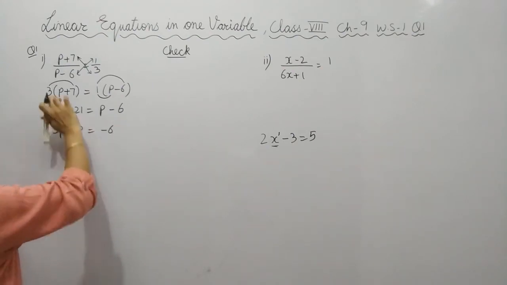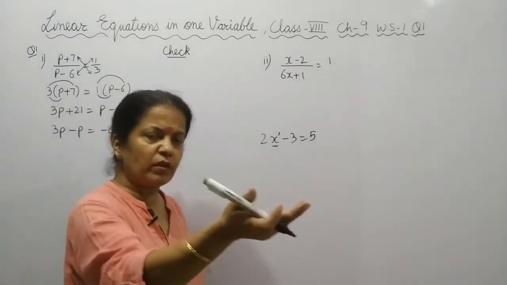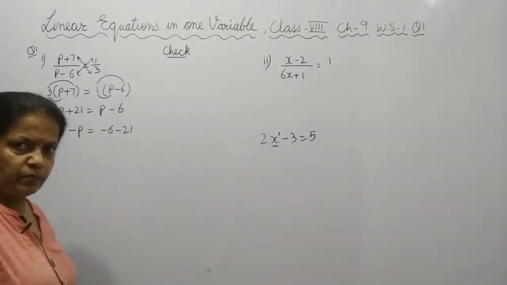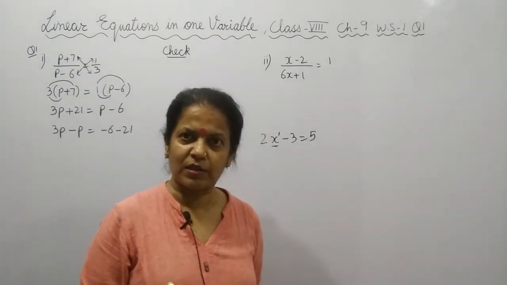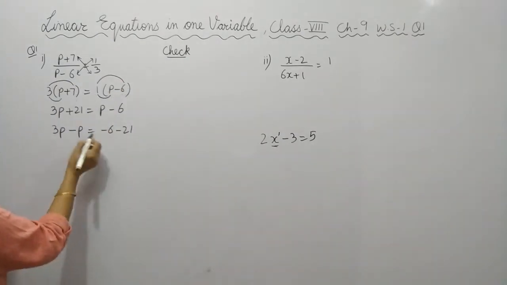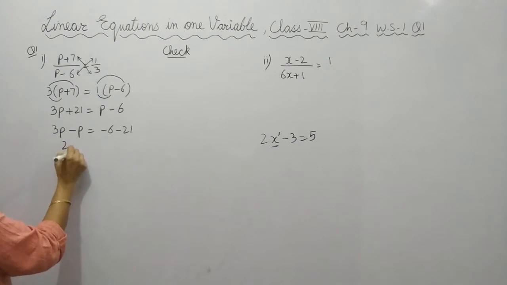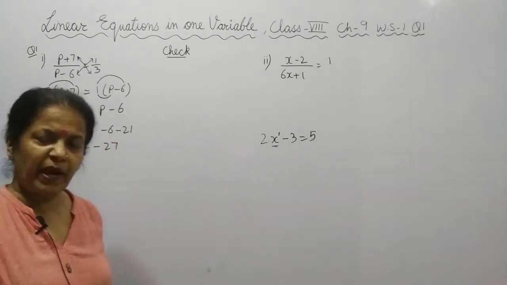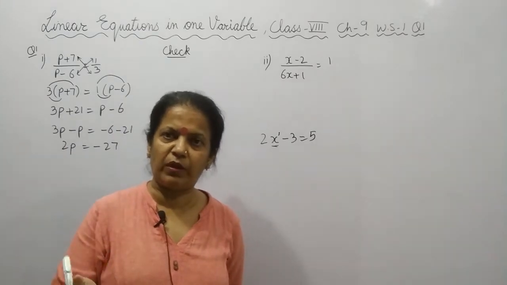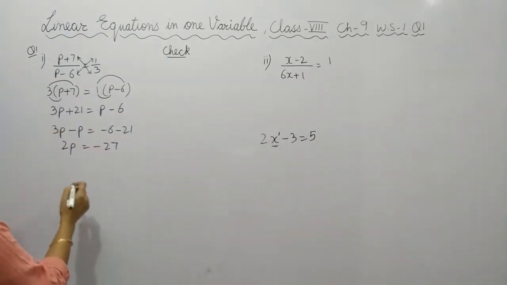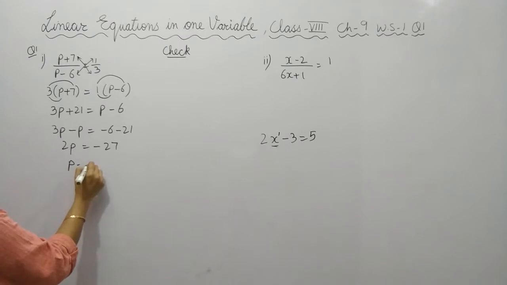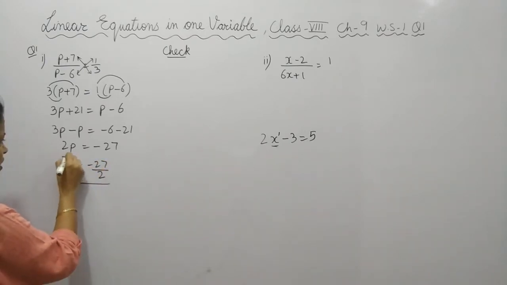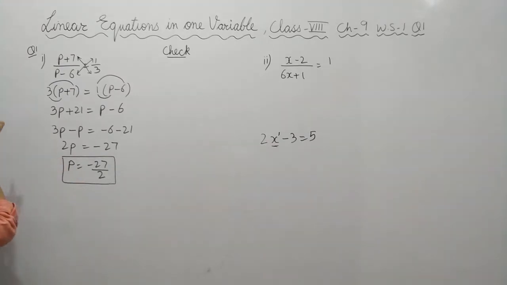Now shift this plus 21 to the other side. So it will become minus 21. I think this step is clear to all of you. Now solve it. 3p minus 1p is 2p, and minus 6 and minus 21 will become minus 27. So p equal minus 27 upon 2. So this is the answer.